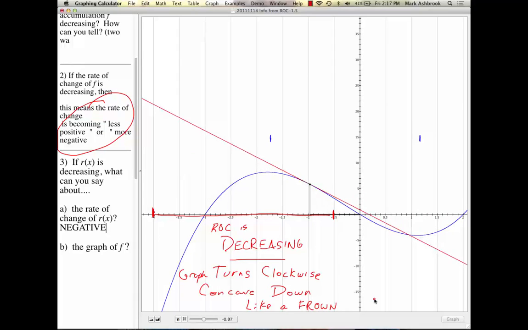Okay. So then, starting here, the rate of change is now starting. The rate of change is doing what? Getting less negative and then more positive.